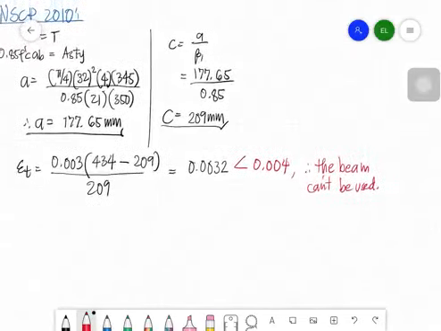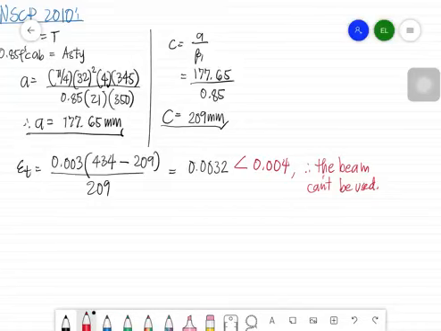So actually, guys, if your result is that the beam can't be used, you may stop there if it's really an actual design.